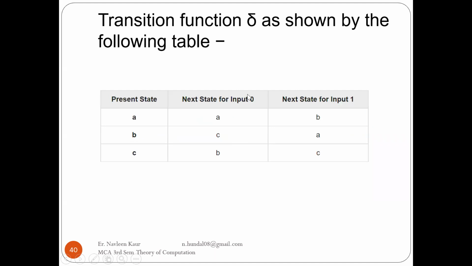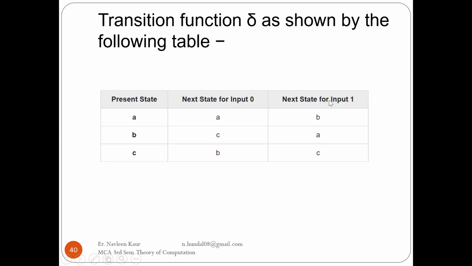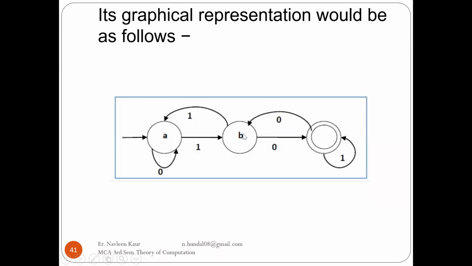If B is getting 0, it is moving to C. But if B is getting 1, it is moving again back to A.